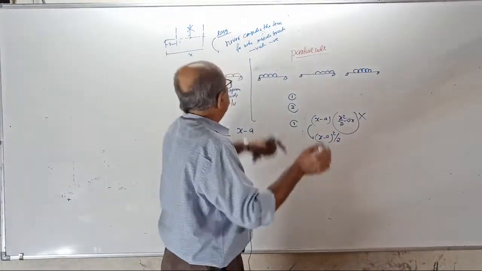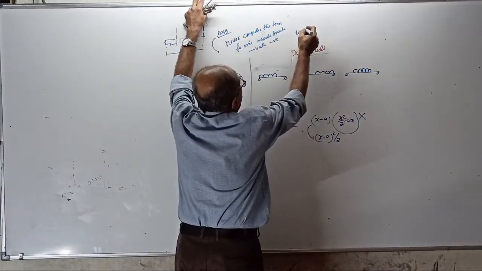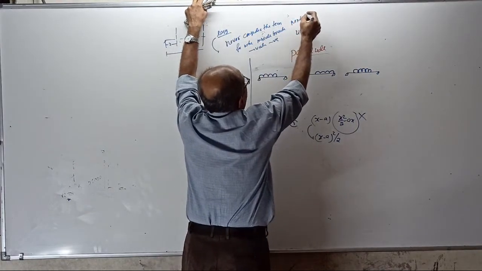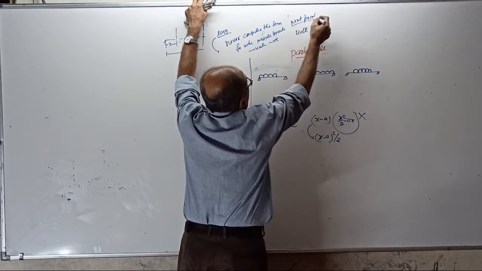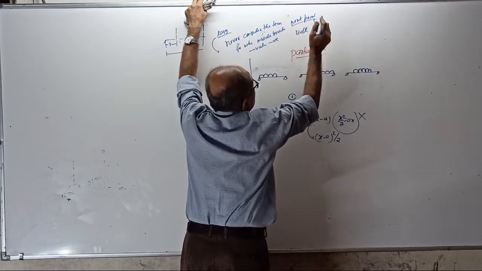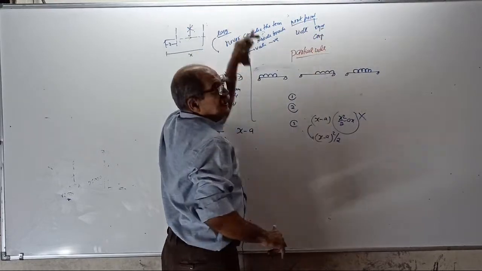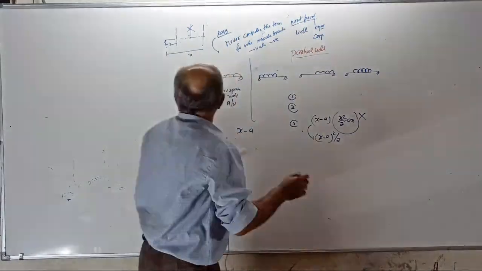In case of UDL. Next point. What is the point number? I forgot. You write the point number yourself. Next requirement, compulsory.